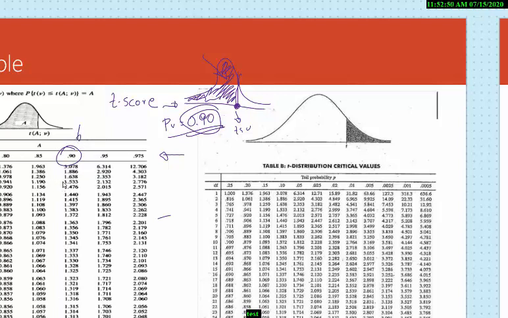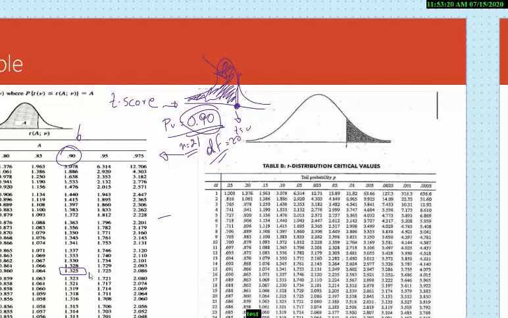What else do you need? Well, you need the degrees of freedom, because I said that there are many different curves. So you need to know the size of your sample. Suppose that the size of your sample, the n, is equal to 21. This means that your degrees of freedom is equal to 20. So now you go to 20, and you come to this point, and this is 1.325.